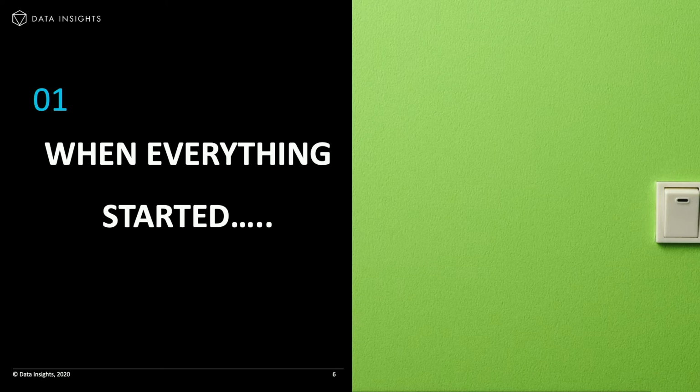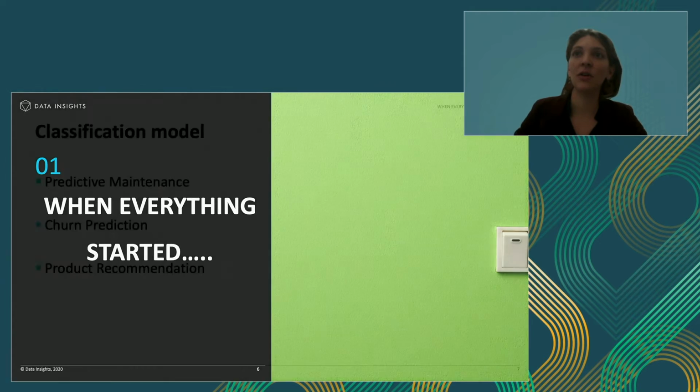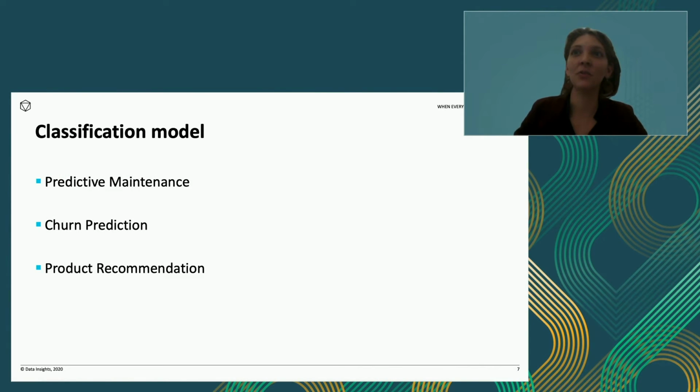So let's now start with interesting things, and I'm going to explain you a bit why we decided for classification models. So we have been discussing a lot with my colleagues what are the projects that are mostly used nowadays in industry, at least in our experience.